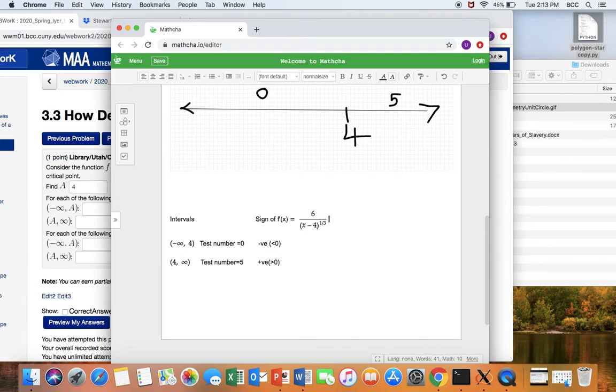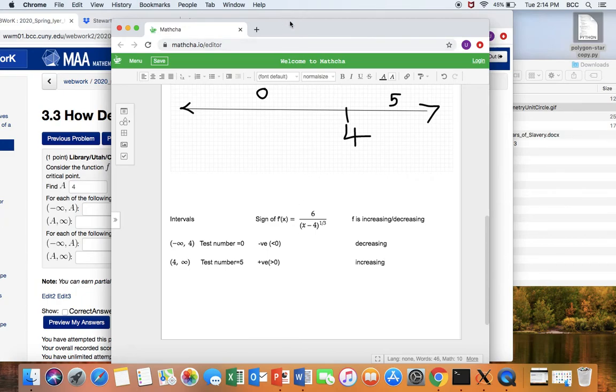What has the sign of f prime got to do with f? f is increasing or decreasing. When f prime is negative, f is decreasing. When f prime is positive, f is increasing.